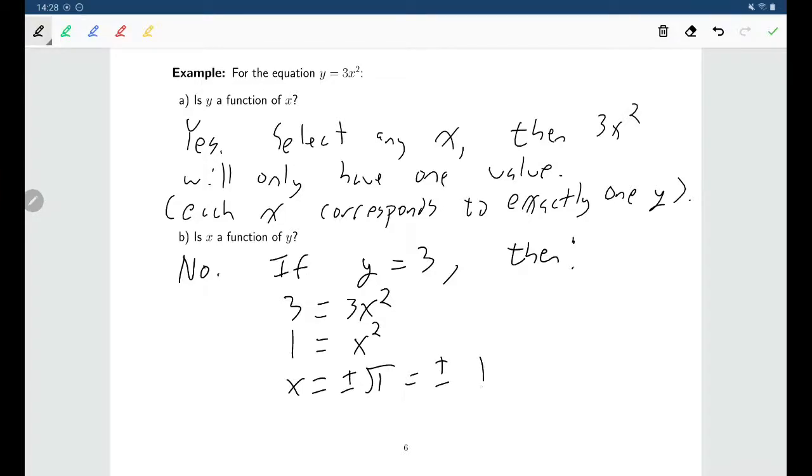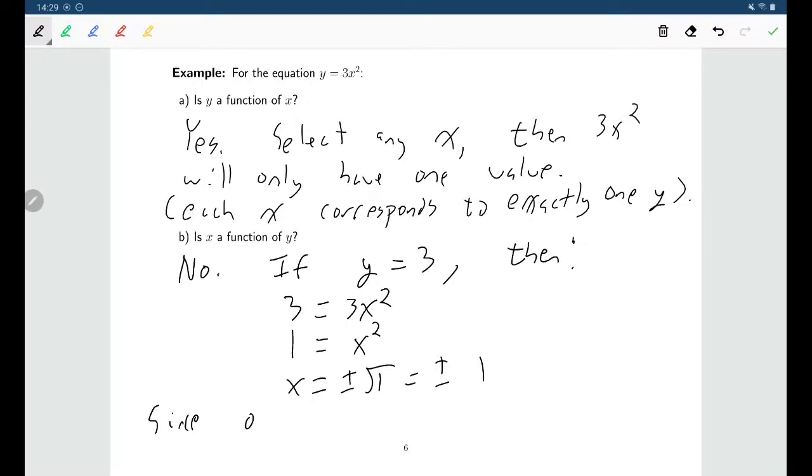In other words, we have one y value and it corresponds to more than one x value. So for one input y value, we don't get one output x value, we get two of them. This is why this would not be a function. Why, if you're thinking about y being the input and x being the output, this equation would no longer represent a function.